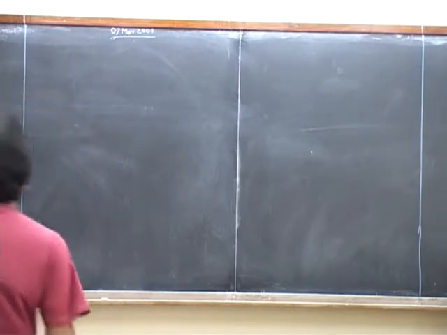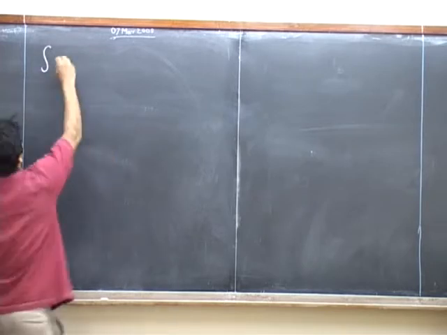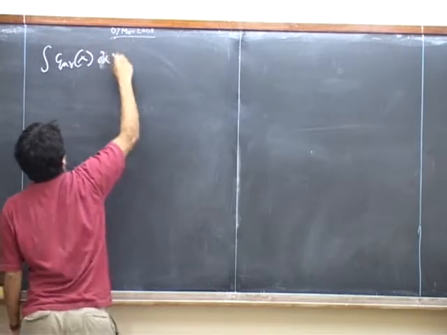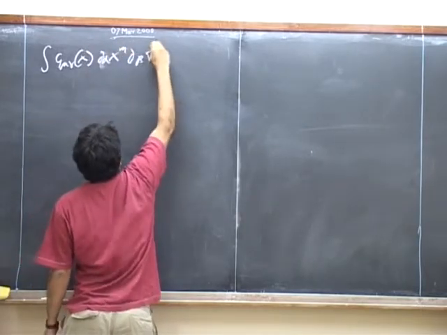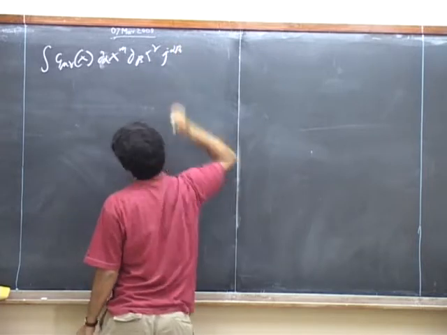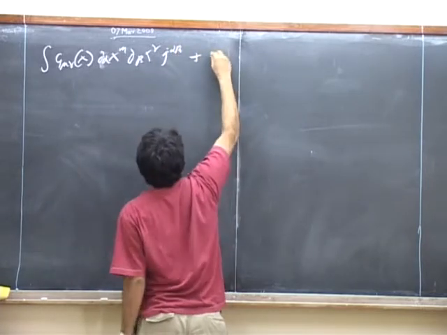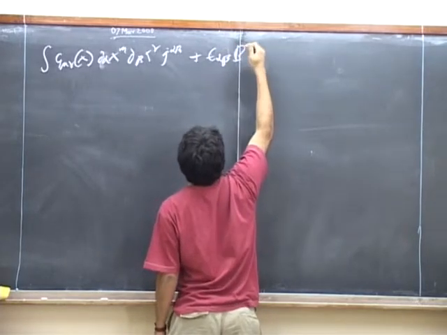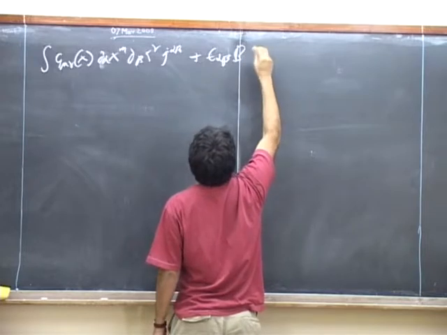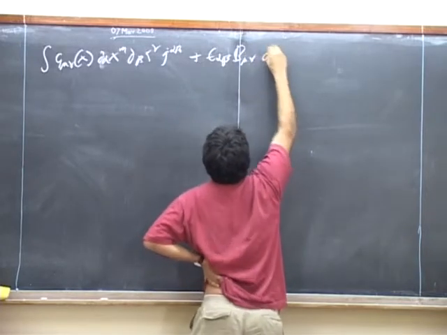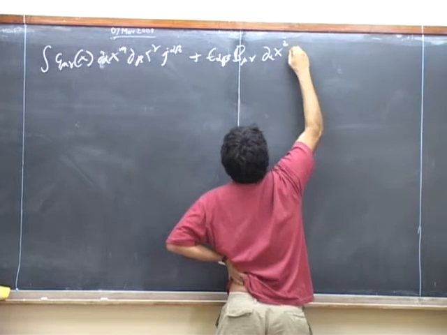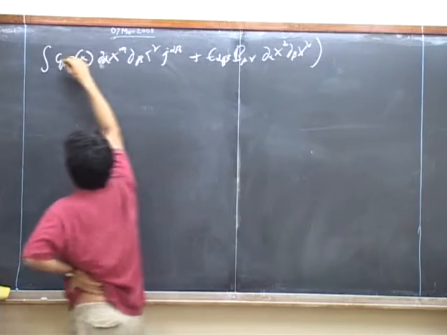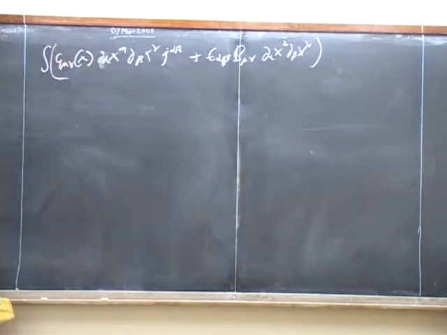Okay? So the kind of thing that we'll do is to write down a sigma model that looks like the integral of dx, ∂_α X^μ ∂_β X^ν, G_μν(X) g^αβ. We'll also introduce an additional term, ε^αβ B_μν.